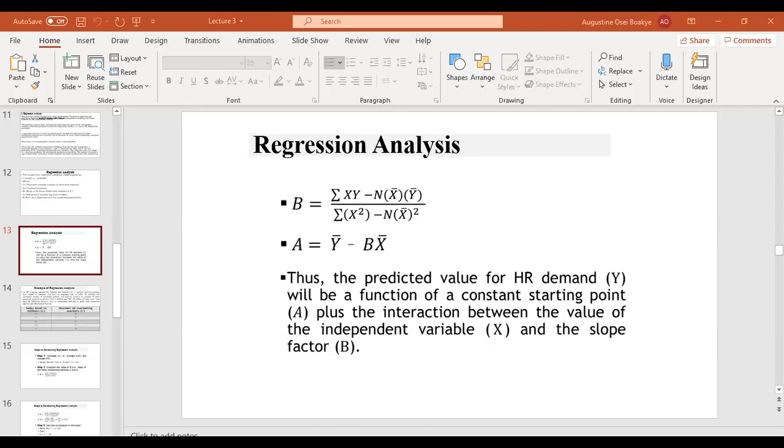Do you hear what I say? So summation xy. Hello, this part, we don't see anything. So we are not really seeing it. Just a minute, just a minute. This part.